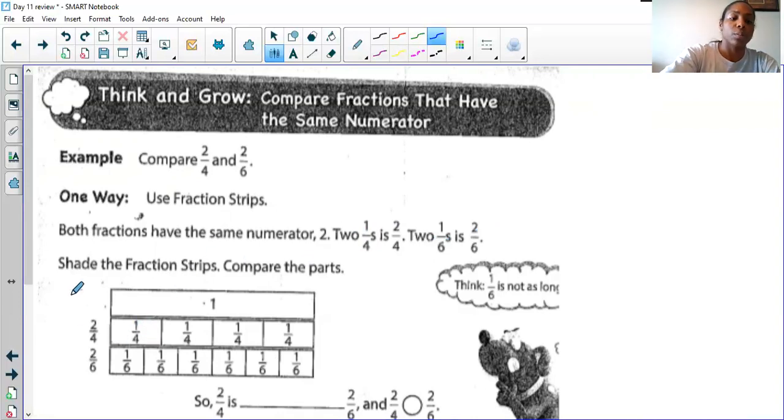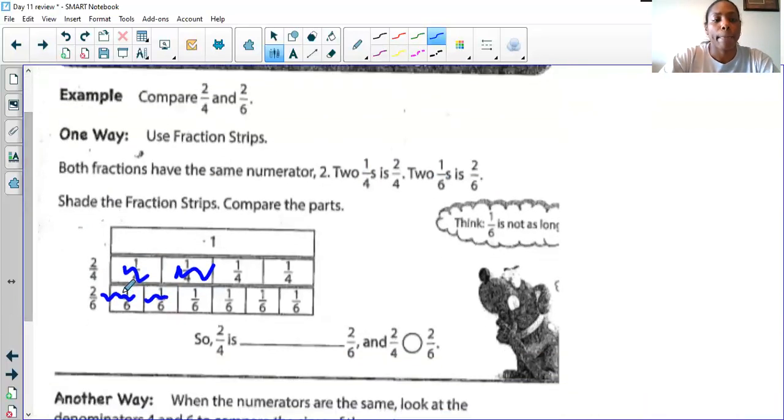So for 2/4, I'm going to shade in 1, 2 parts. And for 2/6, I'm going to shade in 1, 2 parts. So if I take a close look, which one is smaller? 2/4 or 2/6?